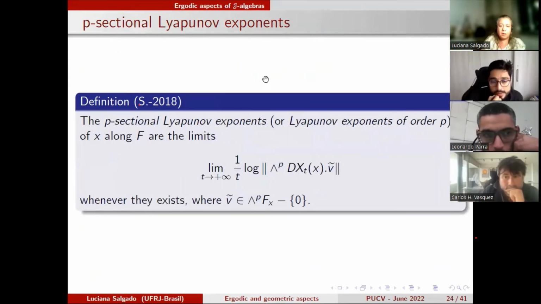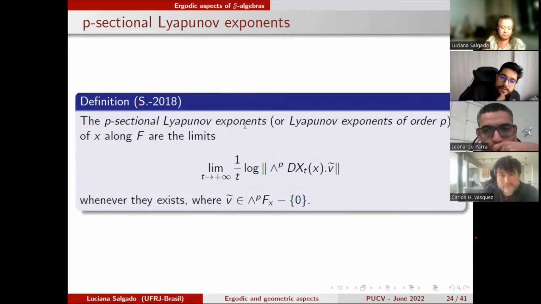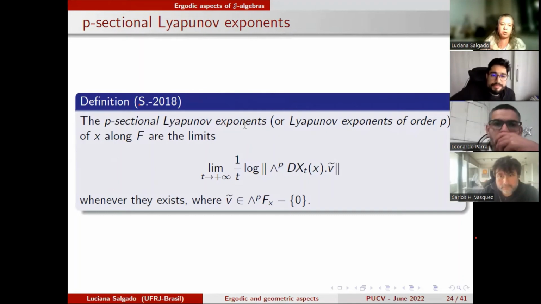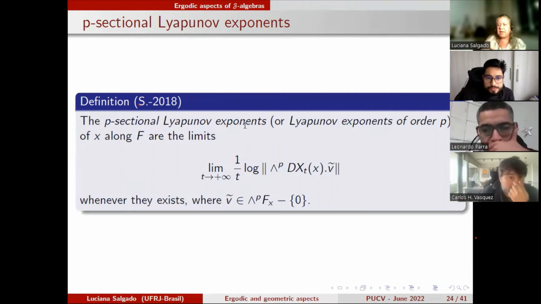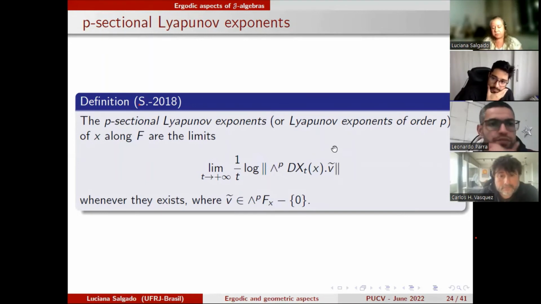So I've made, inside this paper, a definition of the p-sectional hyperbolicity. I have made an extension of the sectional Lyapunov exponents from Arbieto for the case of order p, right? So the sectional Lyapunov exponent is this limit, if it exists, by using the exterior power.